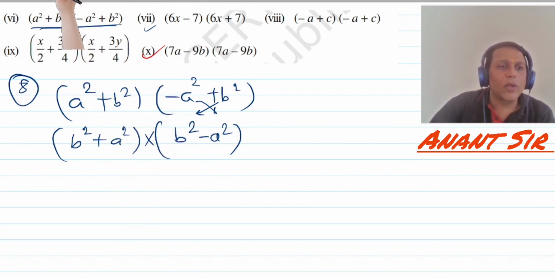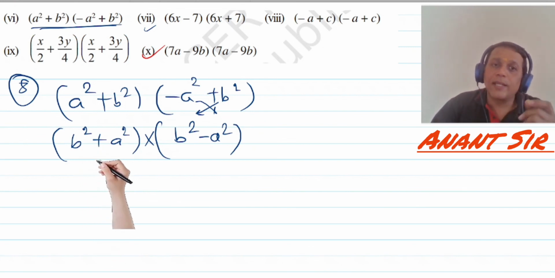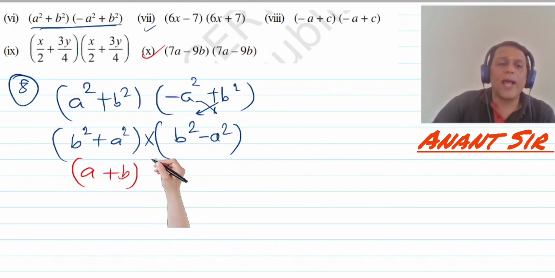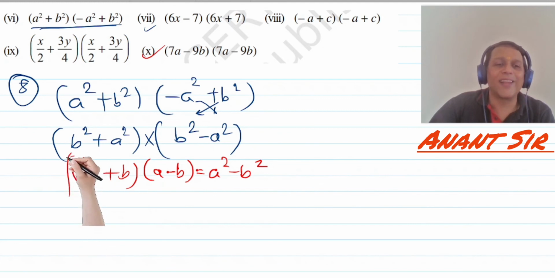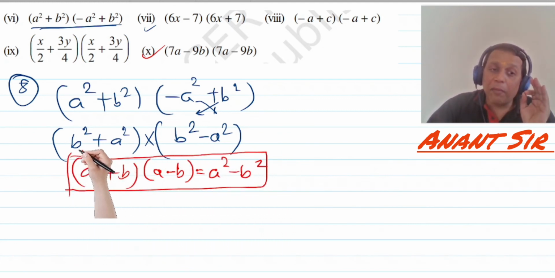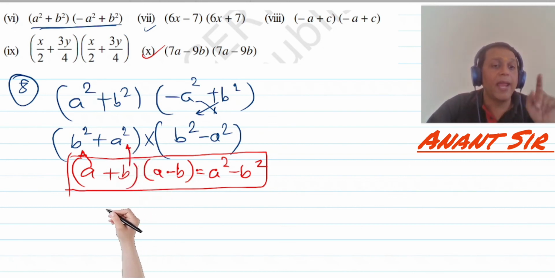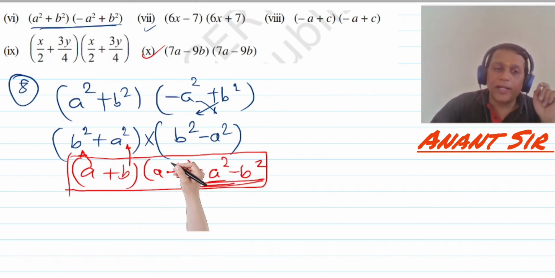Now by looking at it, you will be able to tell that all the terms are same, only the difference is the sign. So we have to use the formula (a plus b) into (a minus b) is a square minus b square. Now we have to replace a by b square, not b, remember this, and b by a square. So a square minus b square, I have to write the answer now.